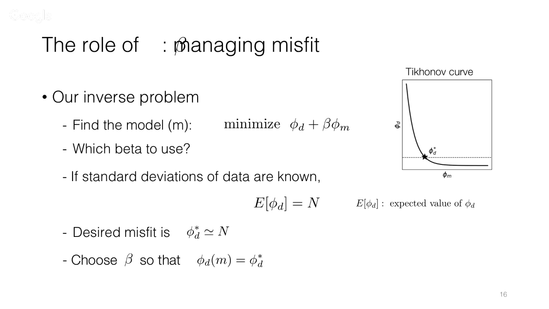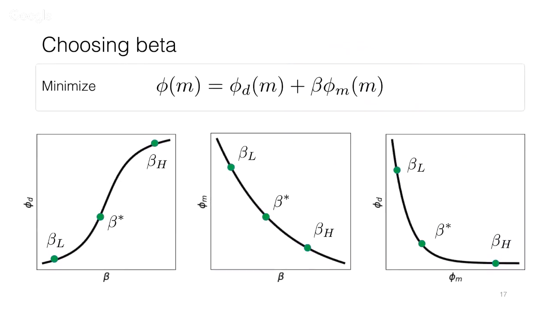Let's talk about the role of beta and which beta to use. We've kind of already done that, minimizing this combination and wanting to find a value that puts it in a reasonable place on this economic curve. If we look at solving systems at different values of beta, we're minimizing this with different values of beta.